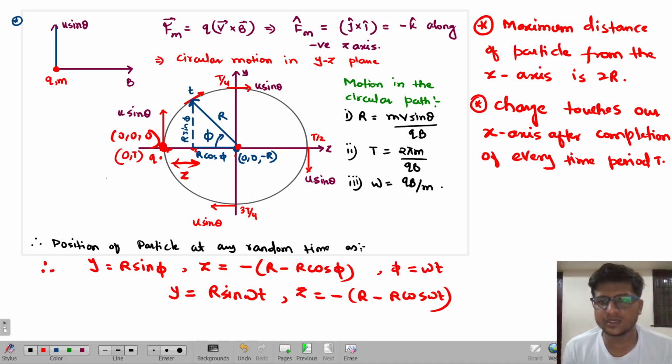Does the charge touch the x axis or not? Yes, after completion of every time period T, it comes to the origin once again or not?